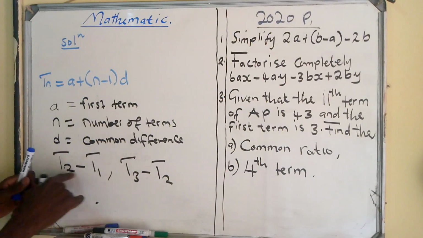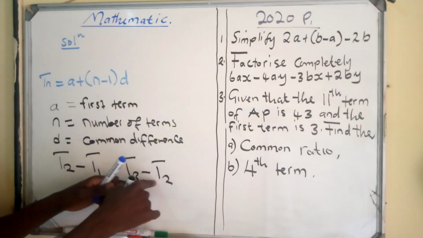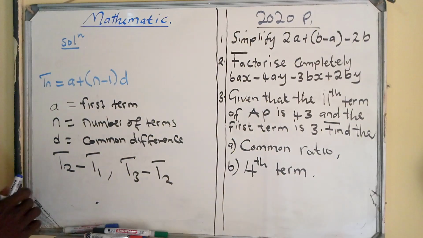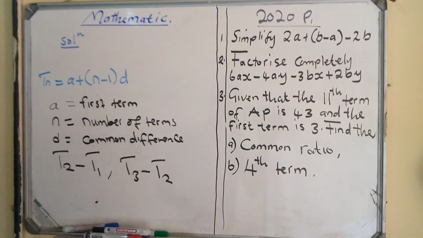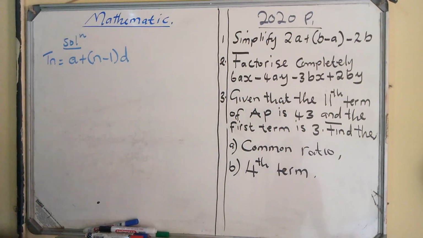So second term minus first term, third term minus second term. So that's how we find the common difference in arithmetic progression, which comes in paper 1. So you need to know that. Okay, so now looking at the question that we have, the 11th term of the AP, which is 43, and the first term.